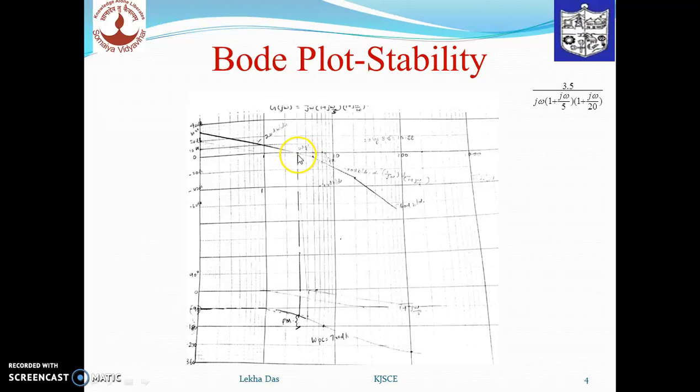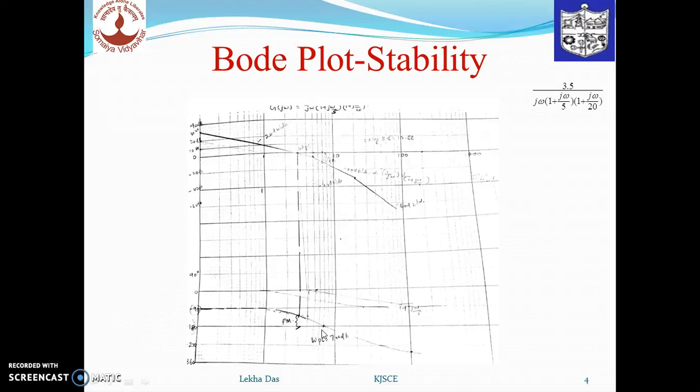So this is my gain crossover frequency, almost 3 radians per second, and phase crossover frequency is the frequency where the phase plot crosses minus 180, which is 7 radians per second.